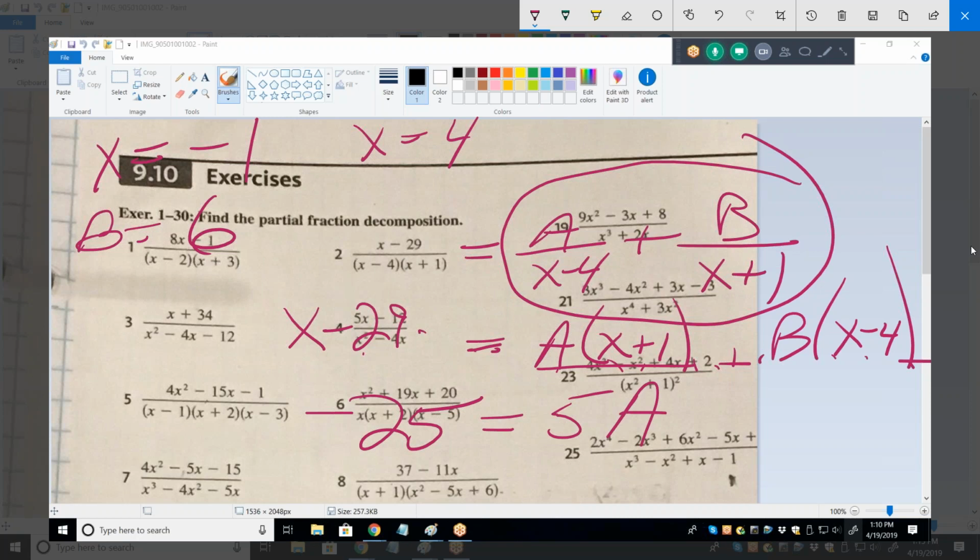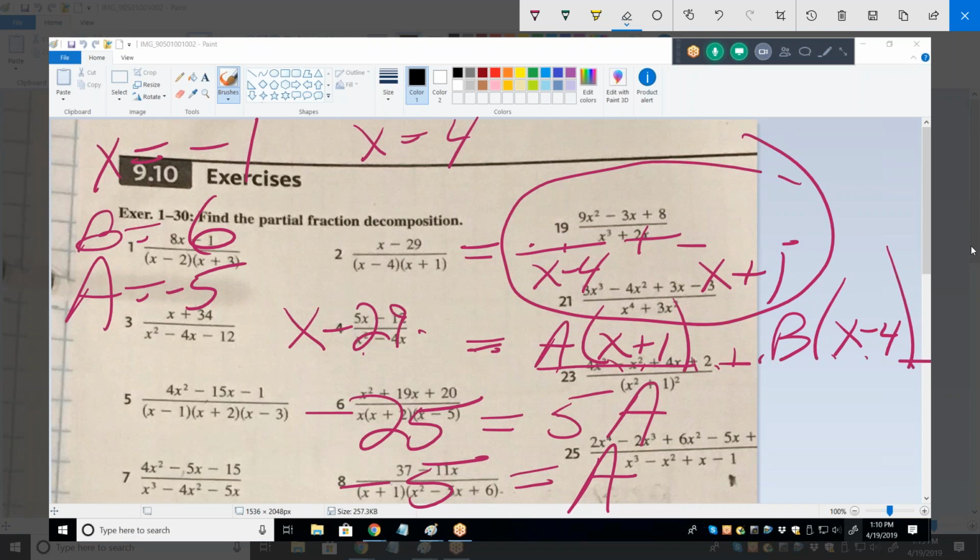A equals negative 5. So I can just substitute those. A is negative 5, plus B of 6.